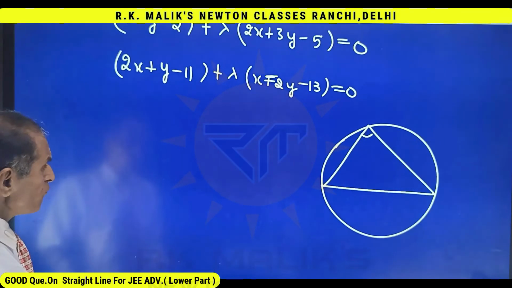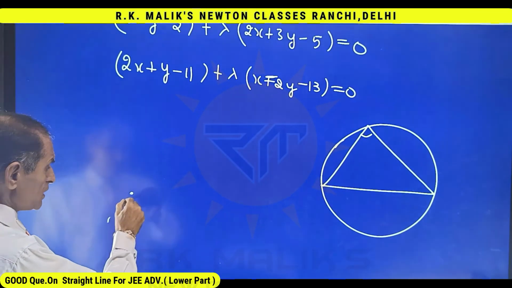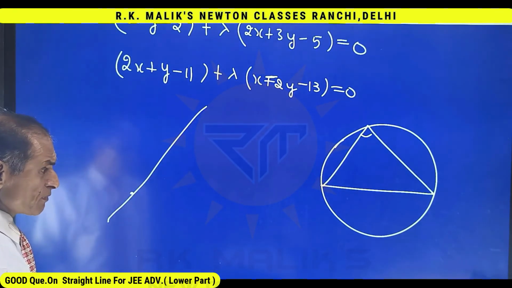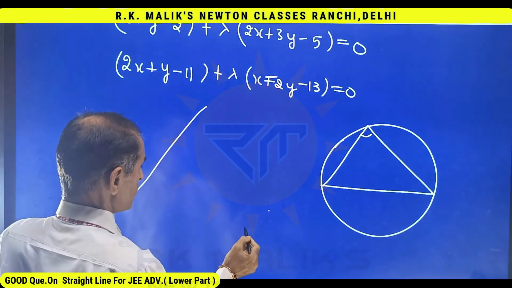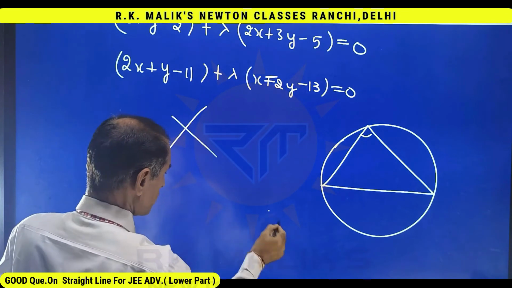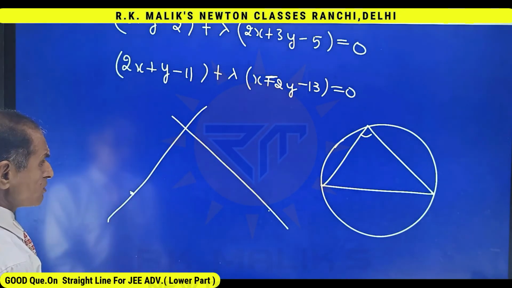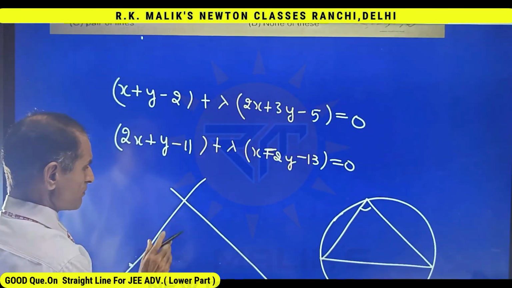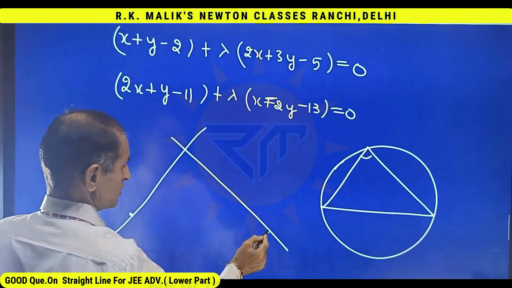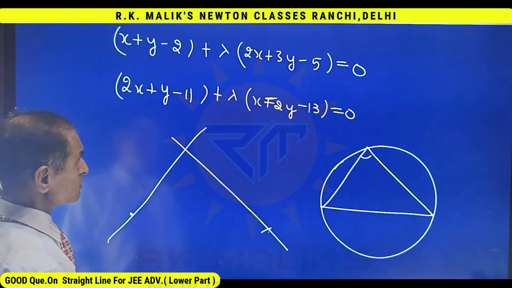Therefore, it is obvious that every line of the first family passes through this point, and every line of the second family passes through this point, and this is the point of intersection of these two lines, and this is the point of intersection of these two lines.